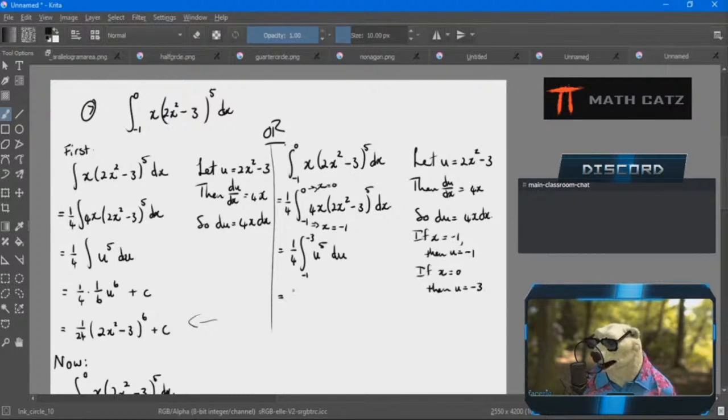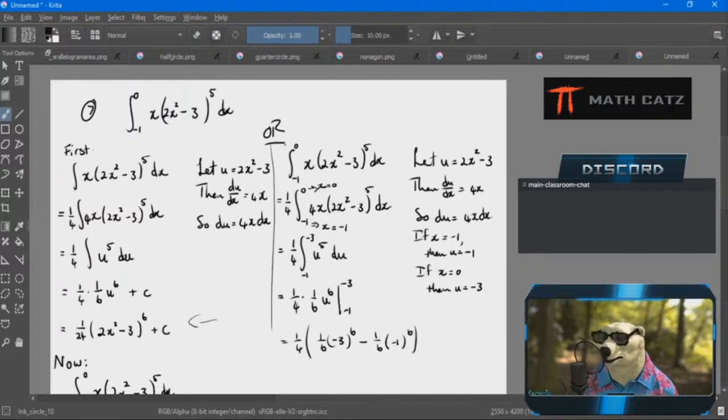Let me finish this. I have my 1/4 in front. I'm looking to find this definite integral, which means I'm looking for my antiderivative, which is in u, and I'm going to plug in the corresponding numbers for u, which means I have 1/4, which technically stays out in front, I suppose, times 1/6 (-3)^6 minus 1/6 (-1)^6.